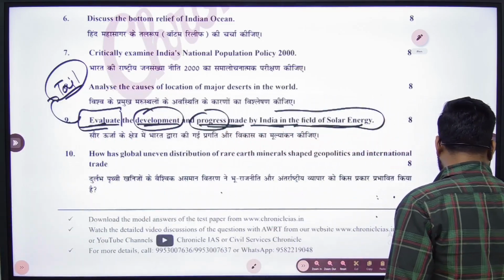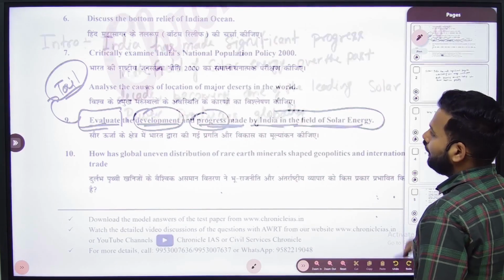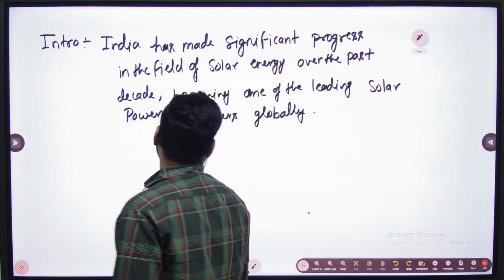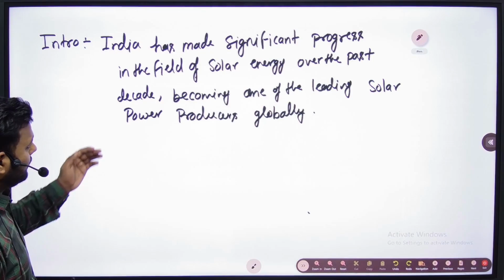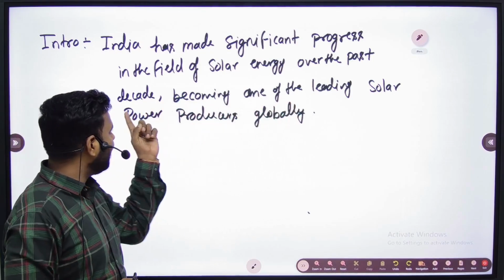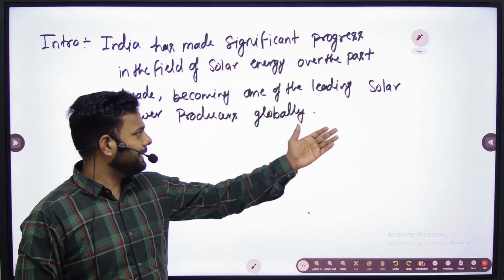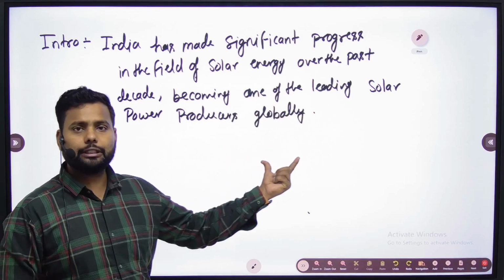So you should start from the introduction, like India has made a significant progress in the field of solar energy over the past decade, and become one of the leading solar power producing countries globally.